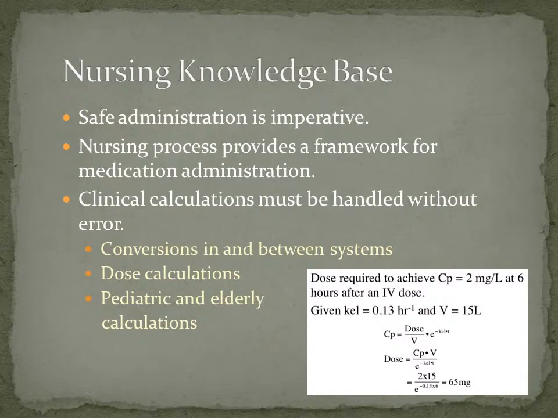Make sure that you double check any calculations, especially with more harmful drugs or those that have more severe reactions if there is an improper dosage, such as insulin, heparin, and heparin drip rates.